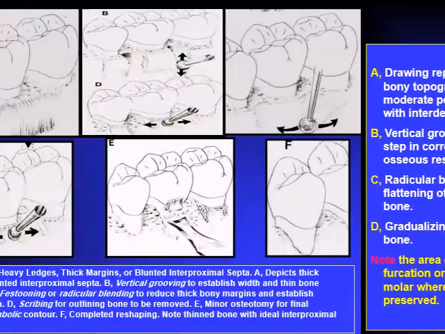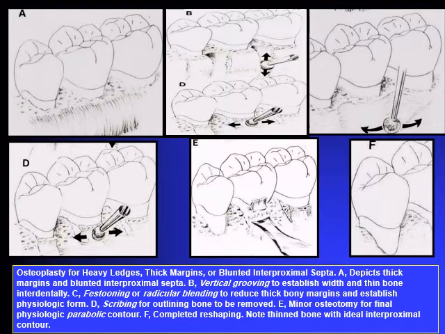See here also in A, this is not as the previous lesion. This is thickness or buttressing bone formation, or bulging of bone, with a blunted interdental area. It is not a shallow crater, it is a blunted interdental area.